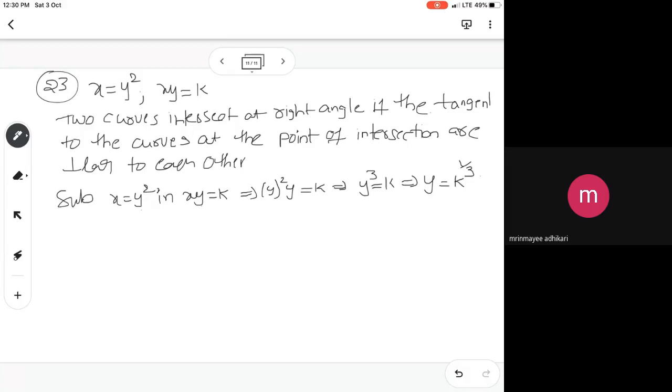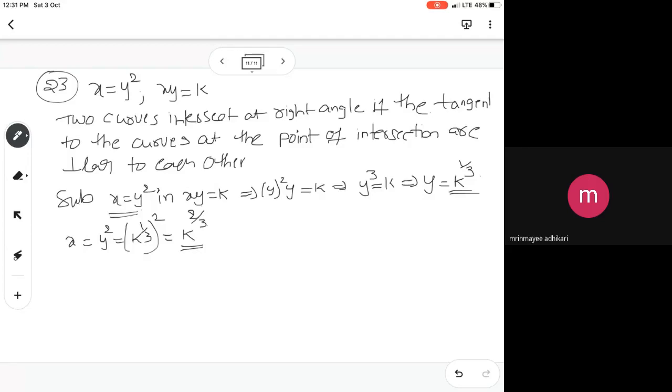If y is equals to k to the power of 1 by 3, x is equals to y square. So substitute k power 1 by 3 in the place of y, k power 1 by 3 whole square, which is equals to k power 2 by 3. So x is k power 2 by 3, y is equals to k power 1 by 3. So at this particular point you need to find out the tangents to these two curves.